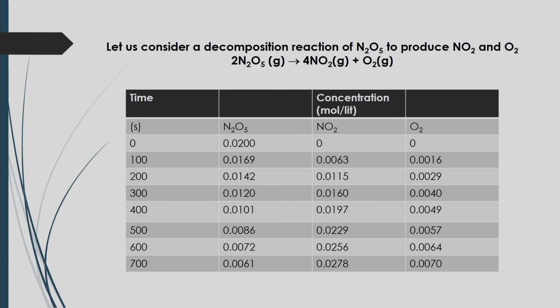Let us consider a decomposition reaction of nitrogen pentoxide to produce nitrogen dioxide and oxygen, based on the reaction given in the slide. In this case, over time 0 to 700 seconds, the concentrations of the components are given here.